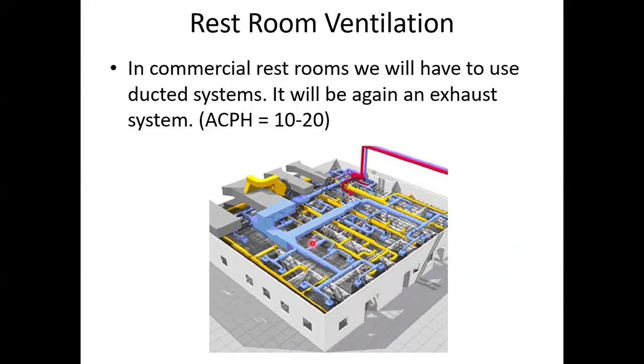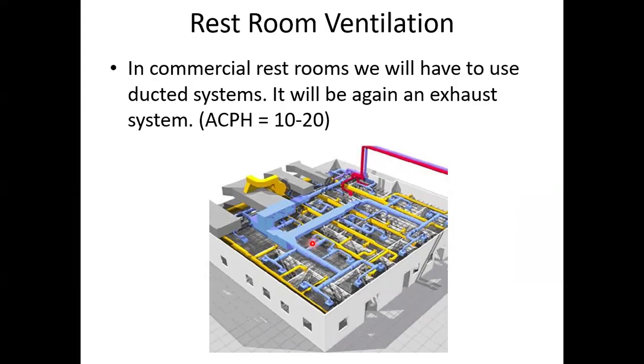So from each restroom, from each toilet, you need to take out a terminal, and these terminals are connected to the exhaust duct system itself. And to find the CFM value for that entire area, it should be around 10 to 20 ACPH. Okay, it's like 10 to 20 ACPH.